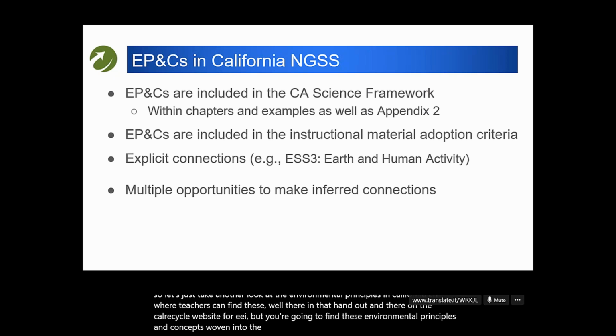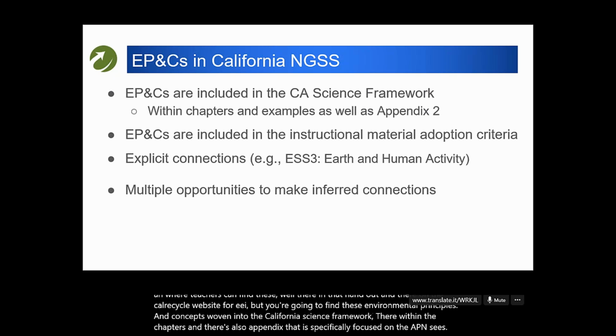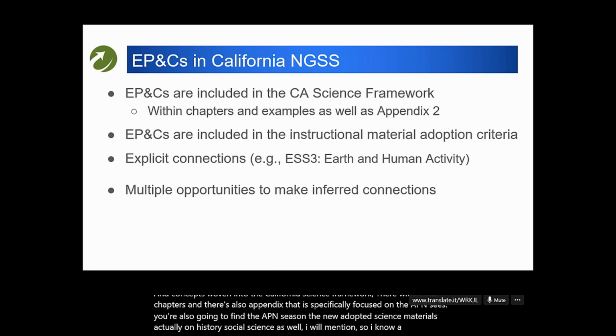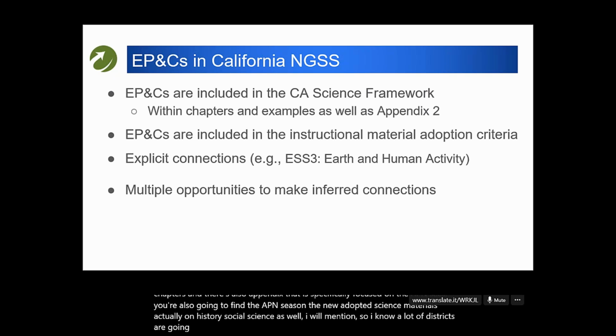They're within the chapters, and there's also an appendix that is specifically focused on the EP&Cs. You're also going to find the EP&Cs in the new adopted science materials, actually, and history social science as well, I will mention. So I know a lot of districts are going to be choosing materials soon. So look for some of those strongest connections in EP&Cs.